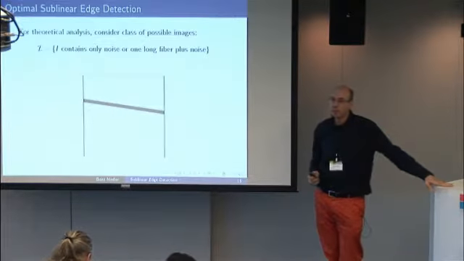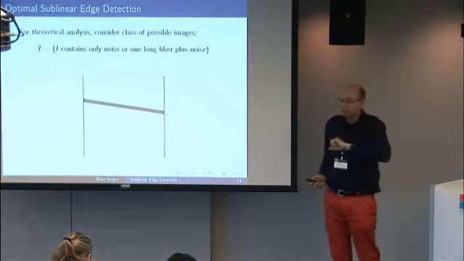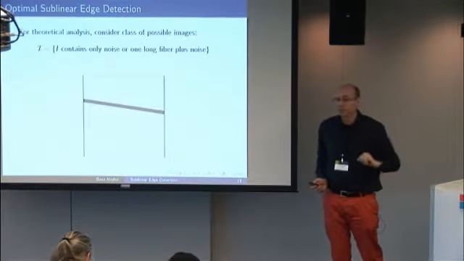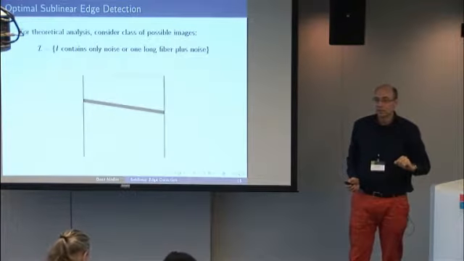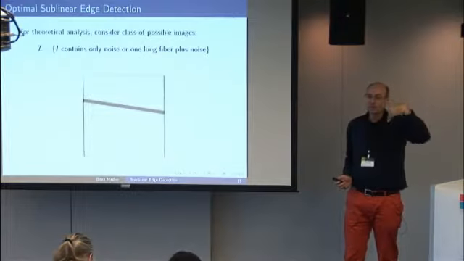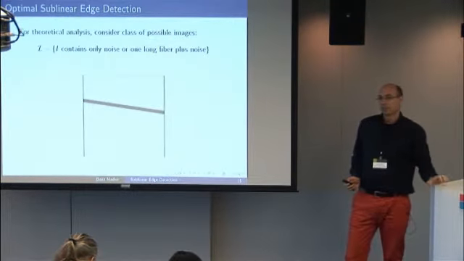In the image with the power lines I showed, the width is 2 or 3 pixels wide. Why do you then get a log factor in your lower bound? Because it's a multiple hypothesis testing problem. I have many different orientations. Sorry, I didn't understand.